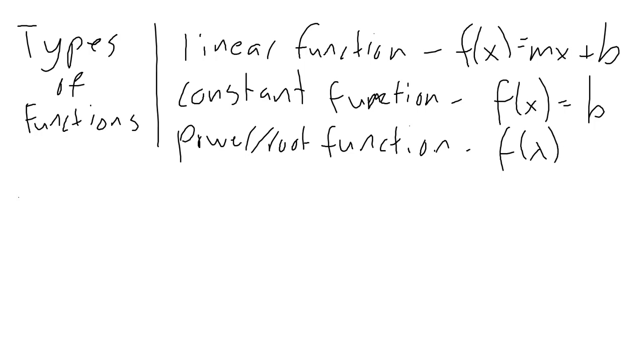The power one being if you had f of x equals x to the nth power. The root one if you had f of x equals nth root of x. So these are all common types of functions. This is not the complete list of functions, but this is all we're going to be working with because they're just the ones that are basically defined using the most simple algebraic operations.